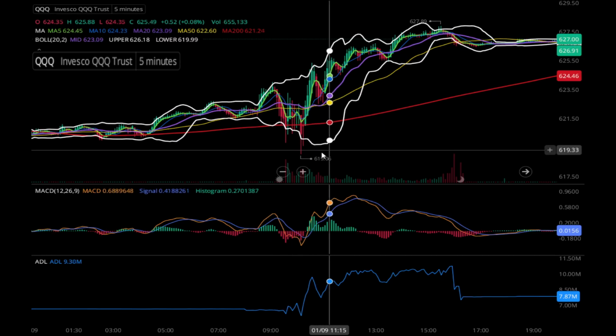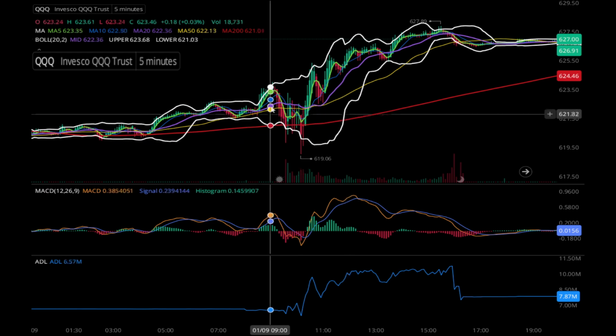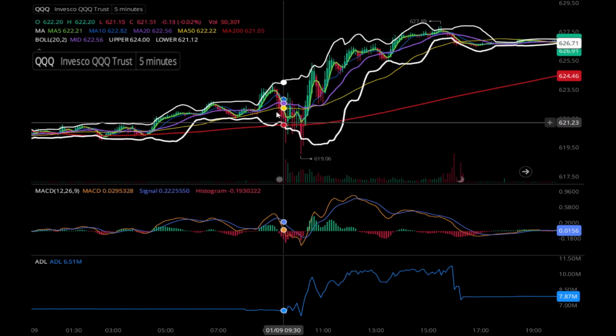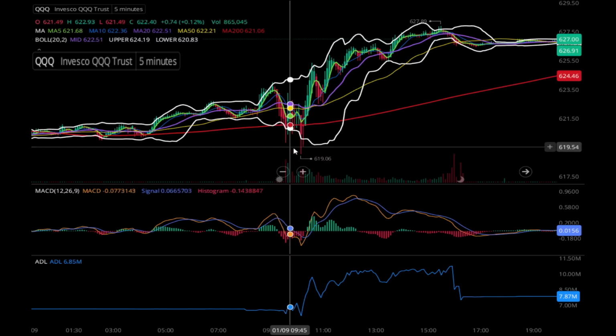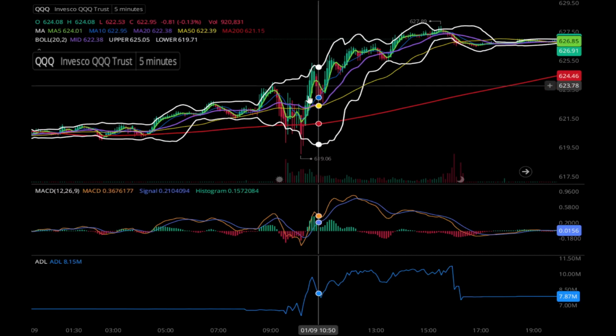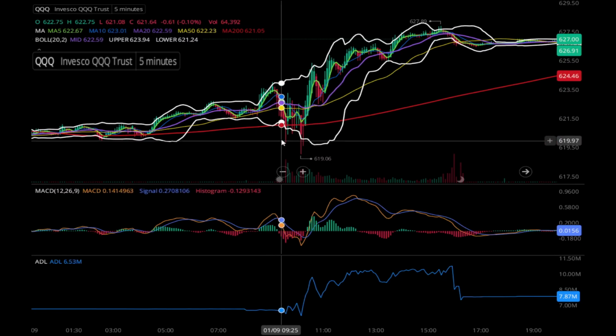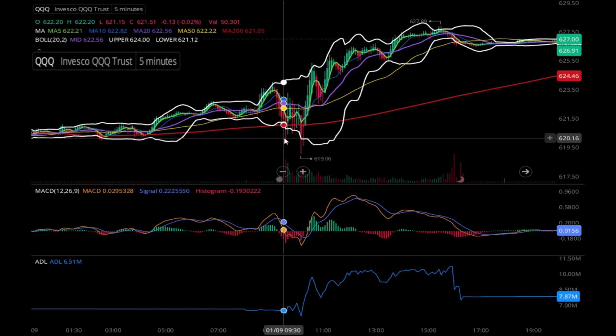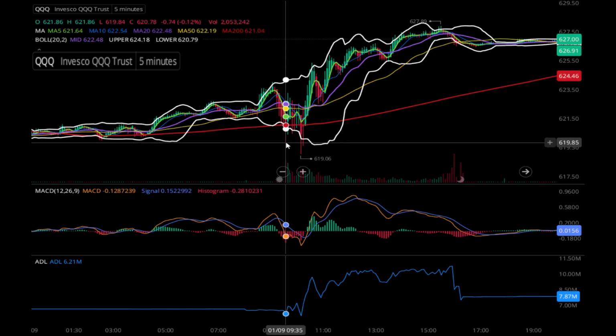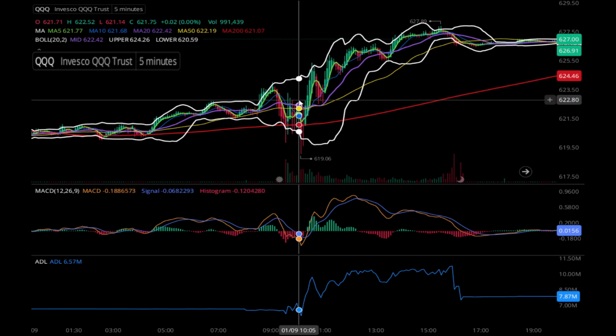Once you push out of the Bollingers, that's essentially telling you you're pushing off the road, and the price action wants to get back on the road again. So buying from below the lower Bollinger is extremely strong for an upside scalp.